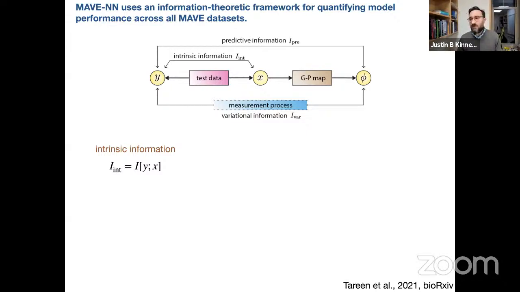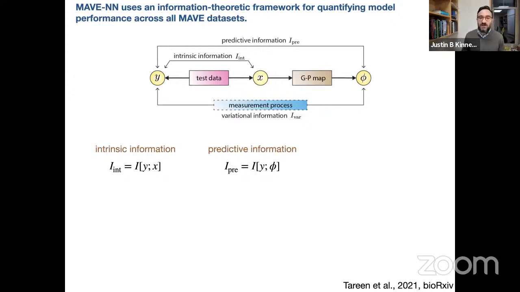Intrinsic information is defined as the mutual information between measurements and the sequences themselves. So this is intrinsic to the dataset. It doesn't depend on the inferred model. Predictive information quantifies the performance of the genotype-phenotype map independent of the measurement process.